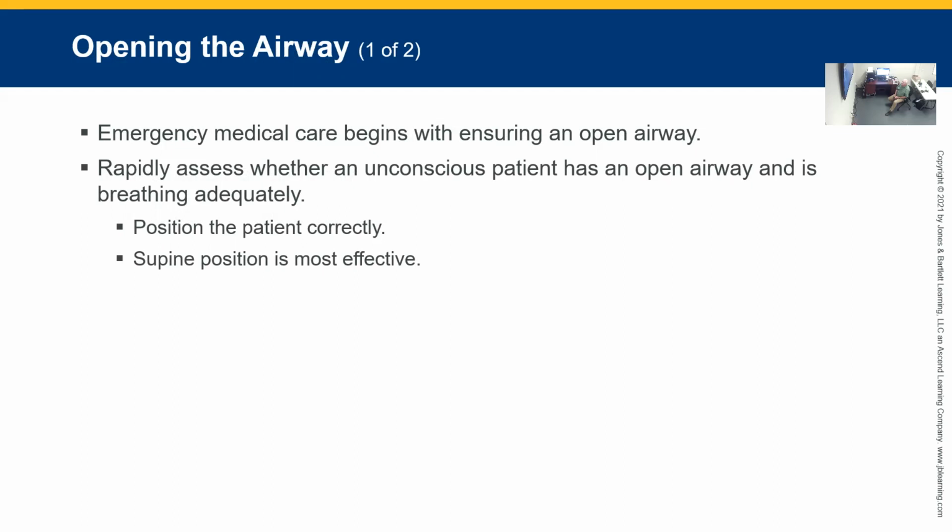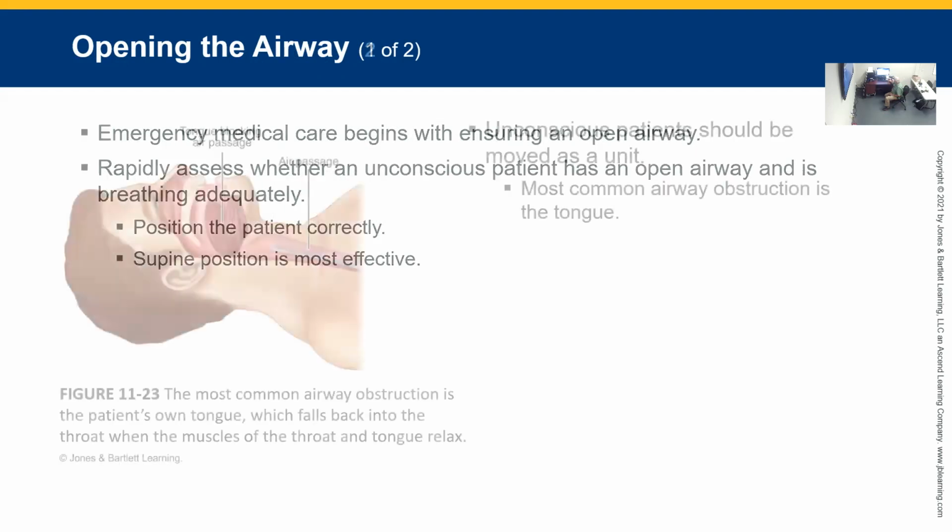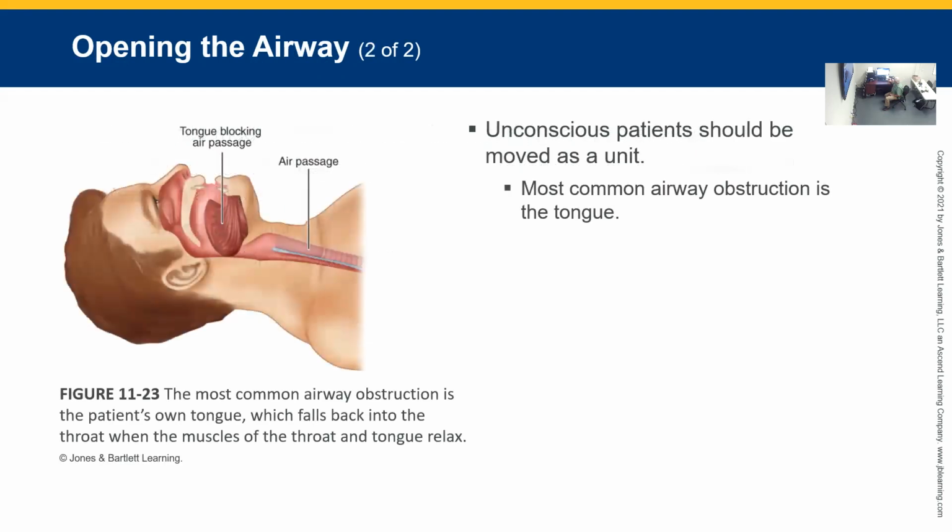You're getting so relaxed, your tongue's falling back, and it makes you snore. So anyway, you want to get the patient in position and open the airway. The best way to do that is head tilt, chin lift, and we'll go over that here in just a second. But you want to get them over on their back where you can actually work on them. So as it says here, the most common airway obstruction is your own tongue.